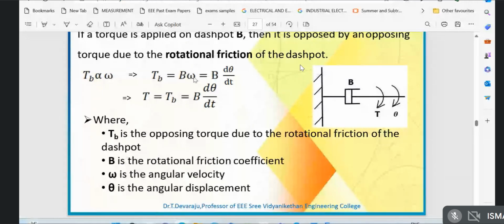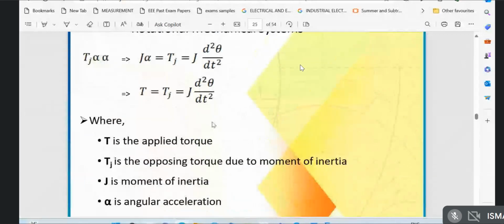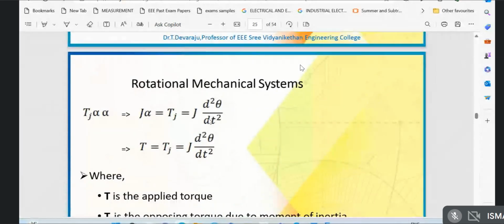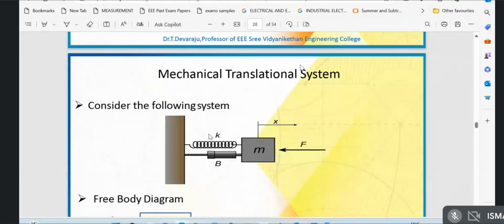So this angular velocity can be expressed in terms of theta, and the alpha can be replaced with theta. So here now we have a consolidated mechanical system with the dashpot, the spring and the mass.